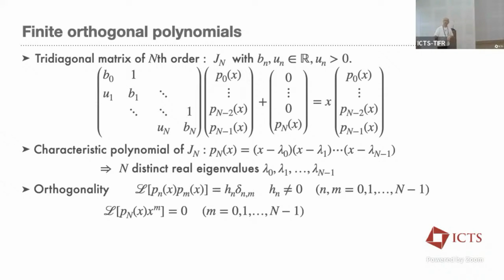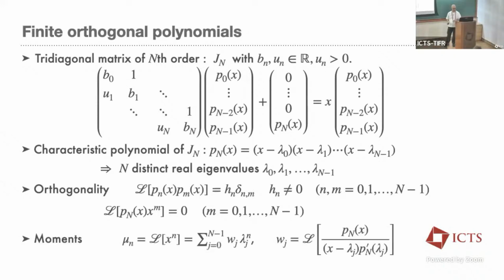But for the characteristic polynomial, we can only obtain this orthogonality relation, because we don't say anything about Pn of x to the power of Pn of x himself. Okay. And then moments also follow.